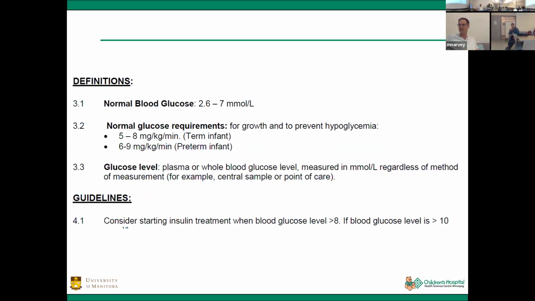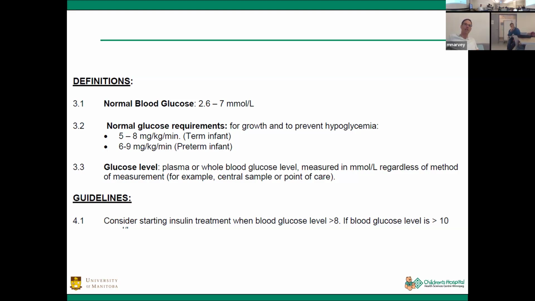It's just challenging. So the definitions, if you haven't figured out, I always like to start with definitions. This is right out of our guideline. A normal blood glucose, again non-fasting, is 2.6 to 7. We talked about, oh, I've been made a liar. I said 5 to 7 milligrams per kilogram per minute. Our guideline says 5 to 8. And for prams, of course, it's a little bit higher.